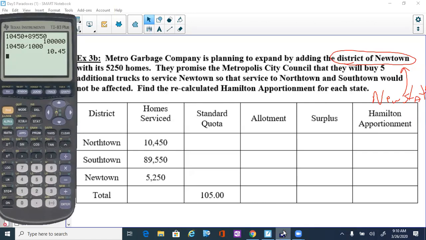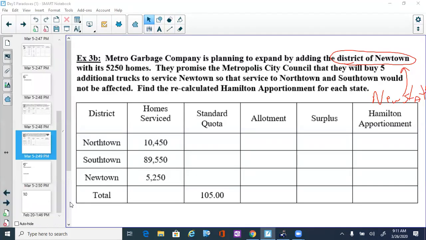I'm going to write 10,450, add 89,550. All the numbers are staying the same. I'm going to add 5,250, and we get a new sum of 105,250 because we already had 100,000.